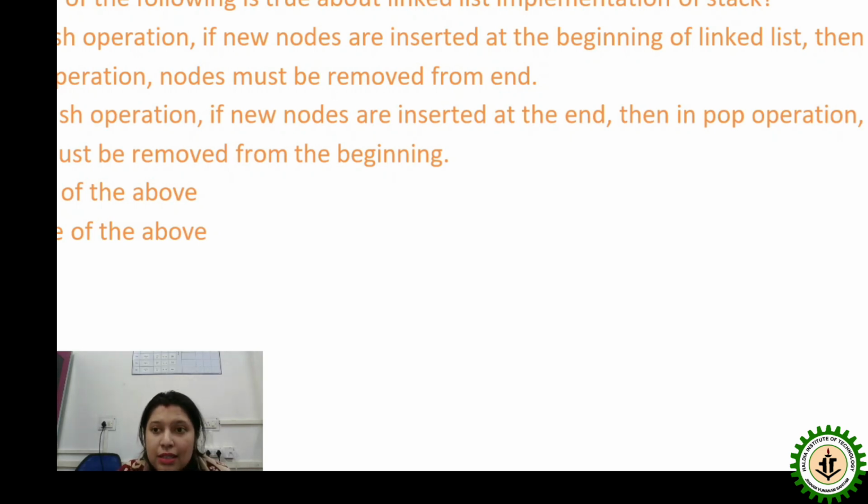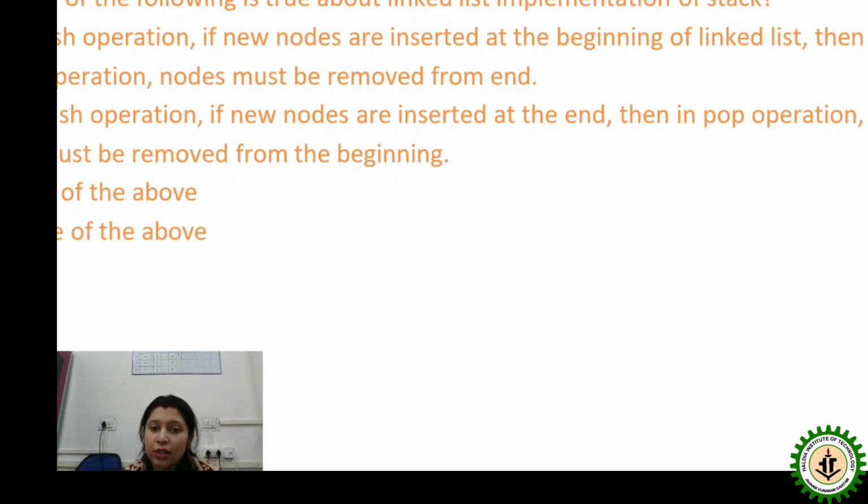We have discussed before that insertion of an element and deletion of an element will be from one end, not both ends. When new nodes are inserted at the beginning of linked list, that means pop operation will start from the beginning, right?